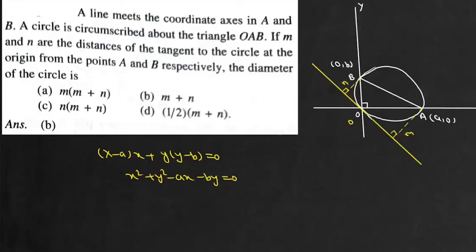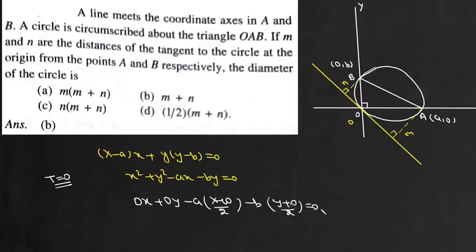Now we can find the equation of the tangent to this circle at the origin, using T equals 0. Now this is 0x plus 0y. It will be this minus a times (x plus 0) upon 2 and minus b times (y plus 0) upon 2. So the equation of this tangent is given by ax plus by equals 0.